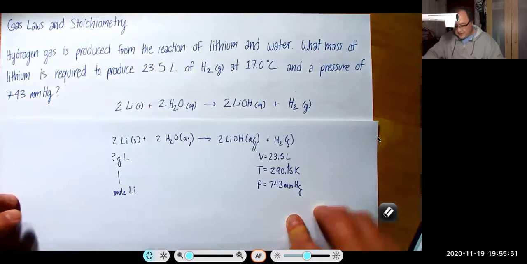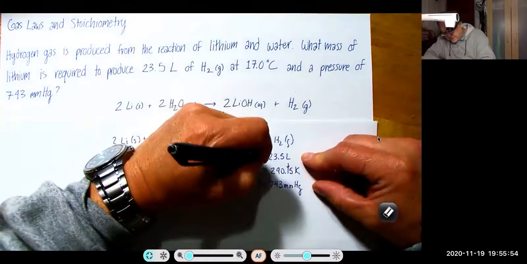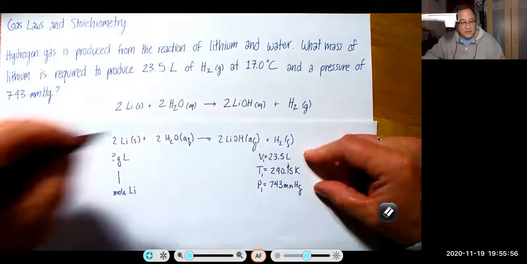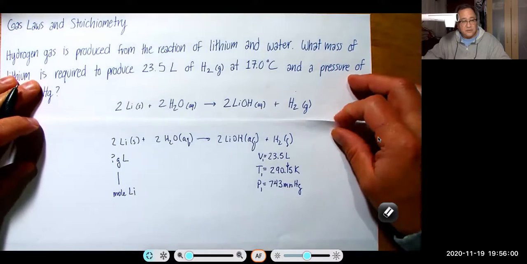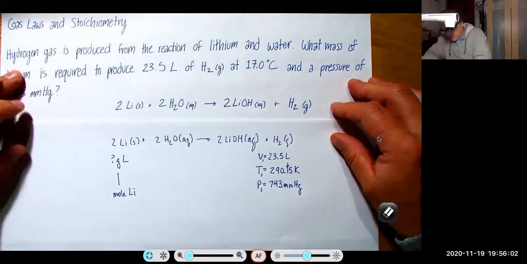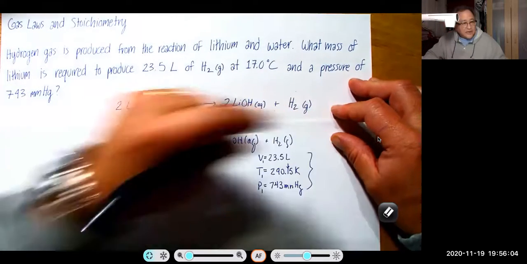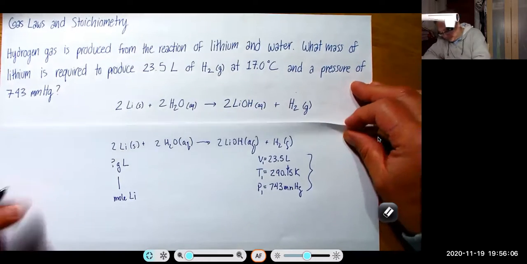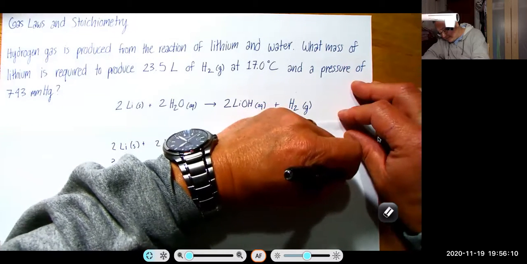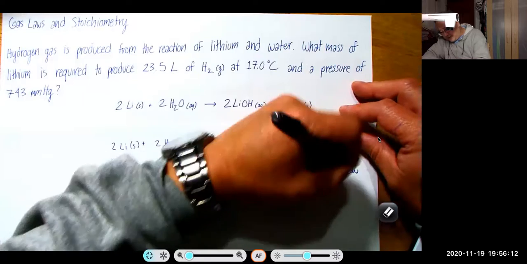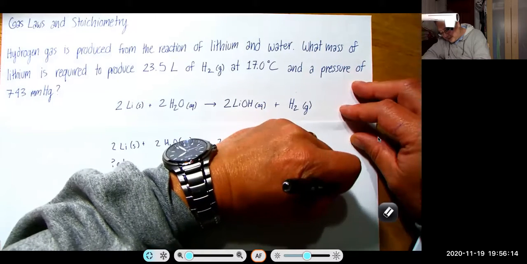You can see here that if I had called this a V1, a T1, and a P1, there is no V2, there is no T2, and there is no P2. So that means I want to use the ideal gas law here, which is PV equals nRT.